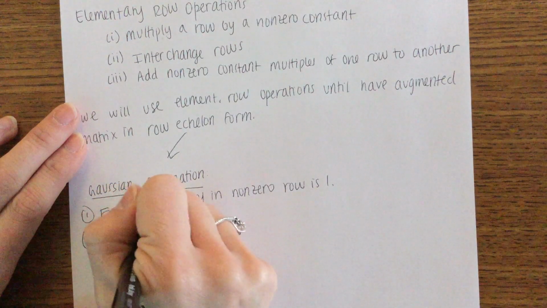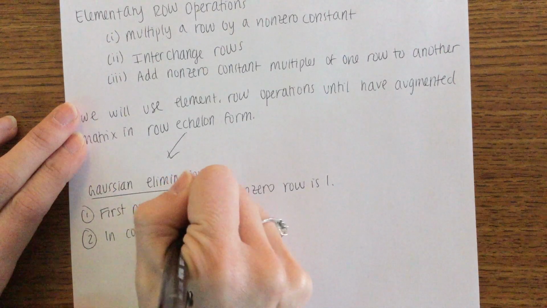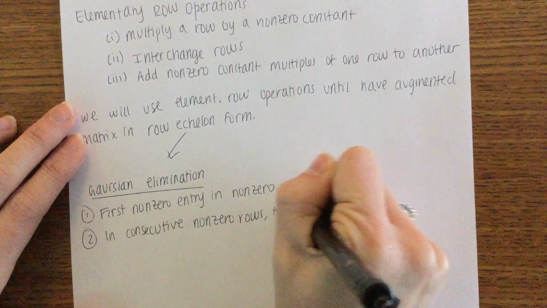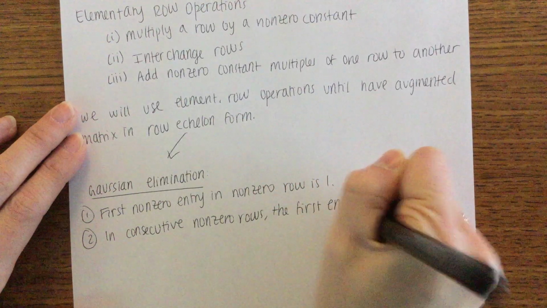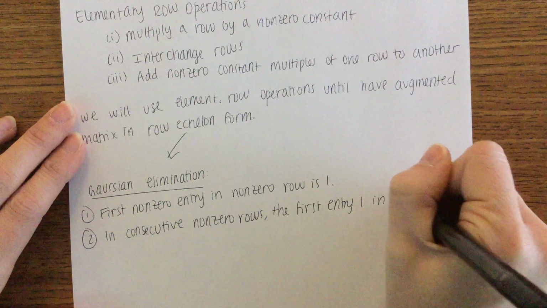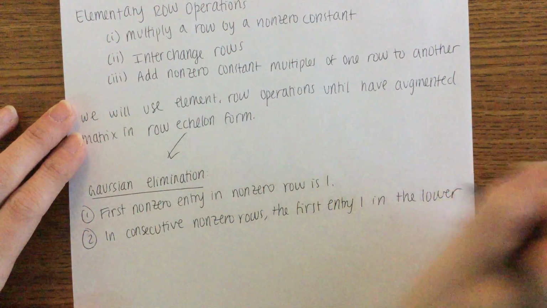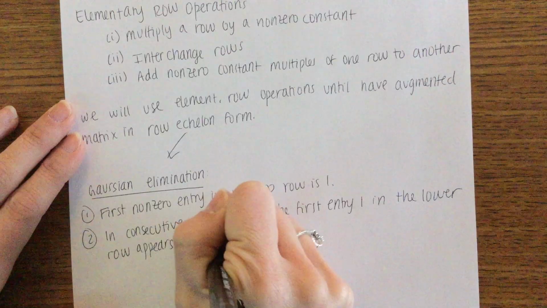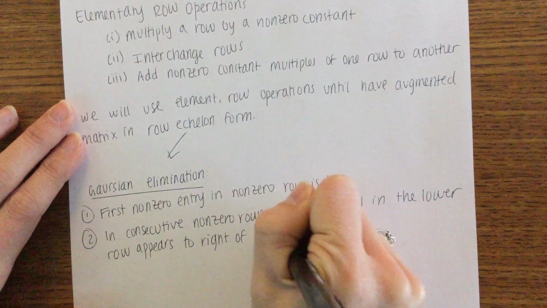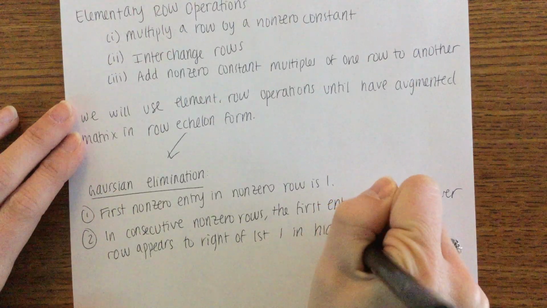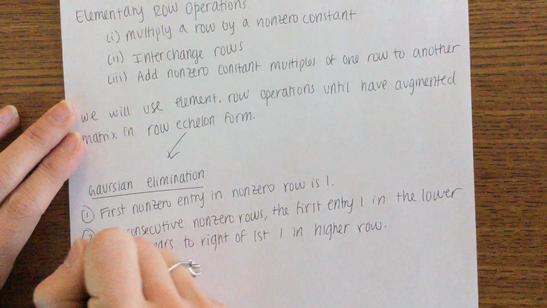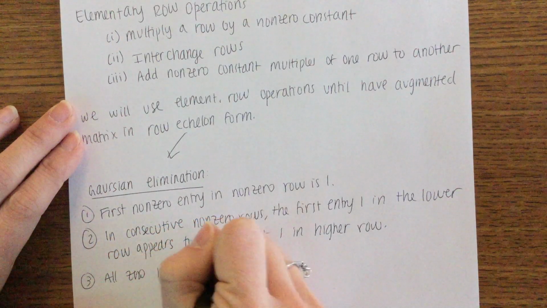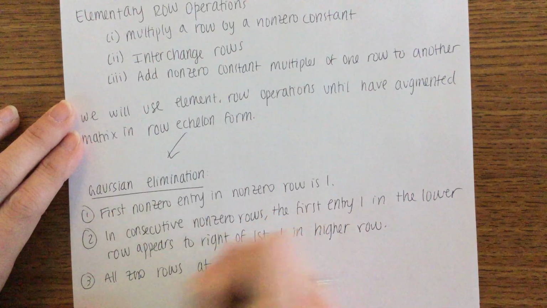Second property is that in consecutive non-zero rows, the first entry 1 in the lower row appears to the right of the first one in a higher row. And lastly, all 0 rows are at the bottom of the matrix.